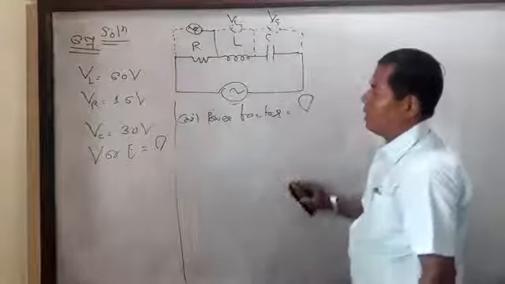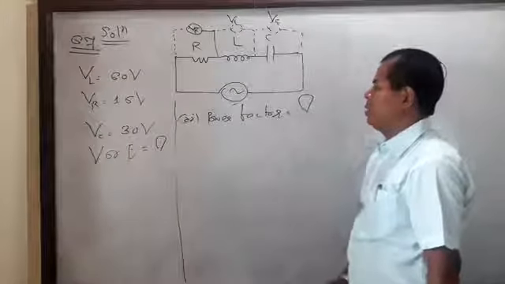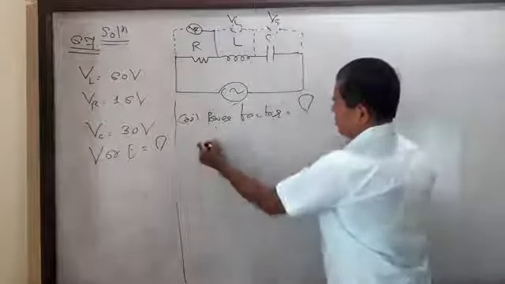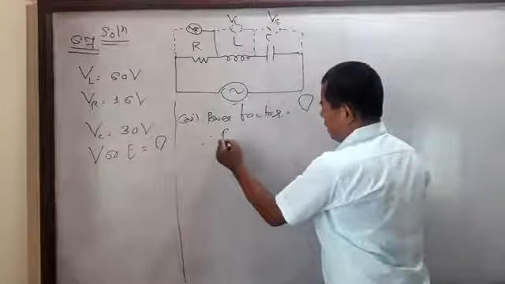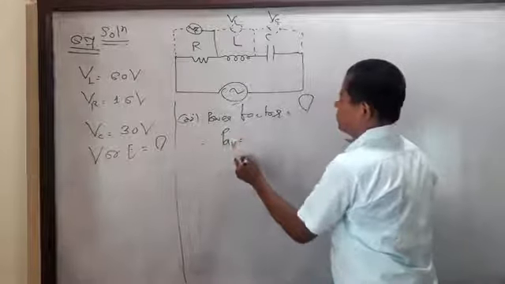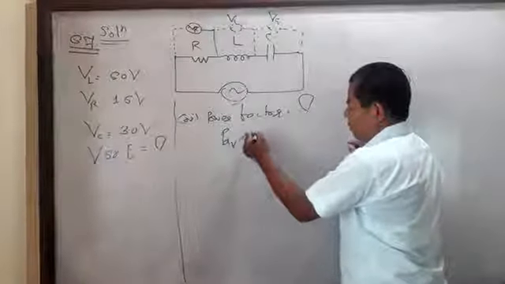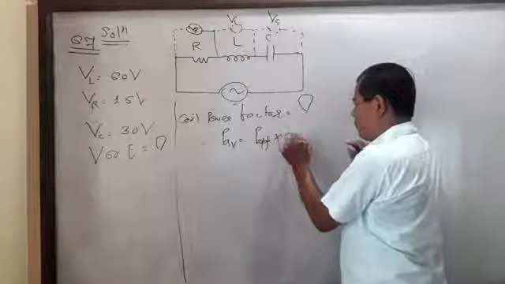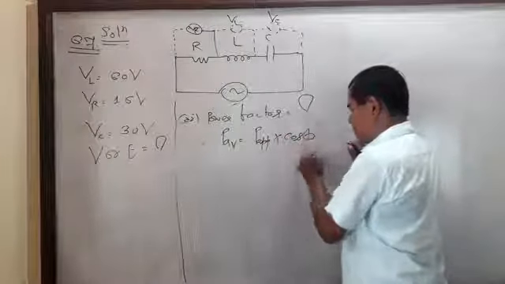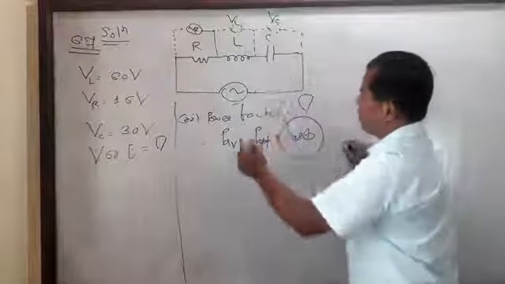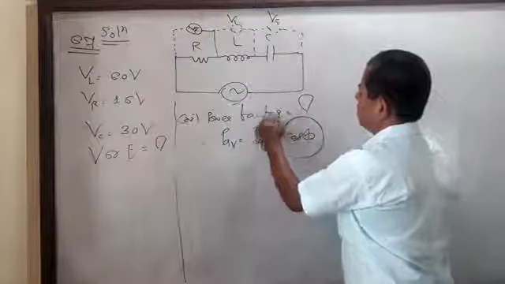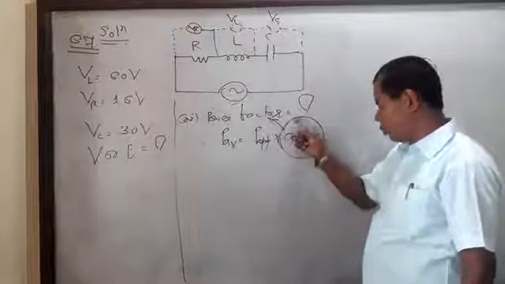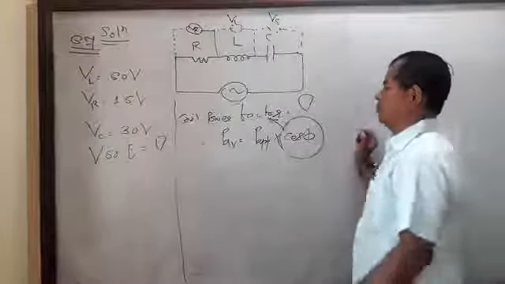We know that average power is equal to apparent power into power factor, that is cos phi. Cos phi is called the power factor. So we find the value of cos phi.